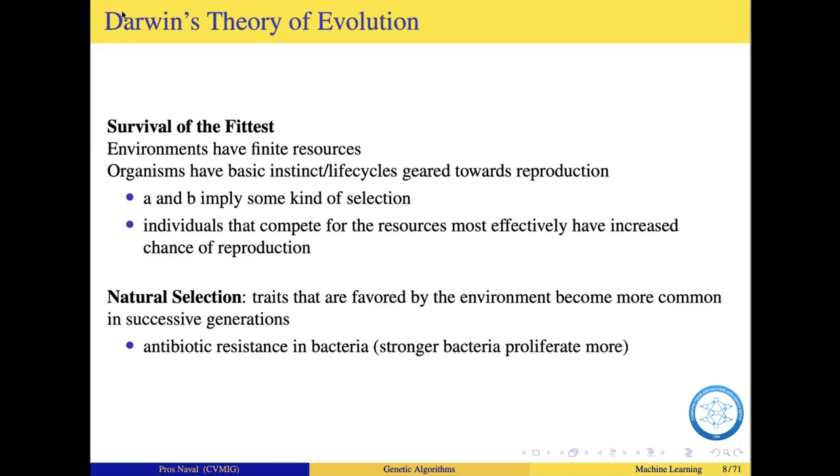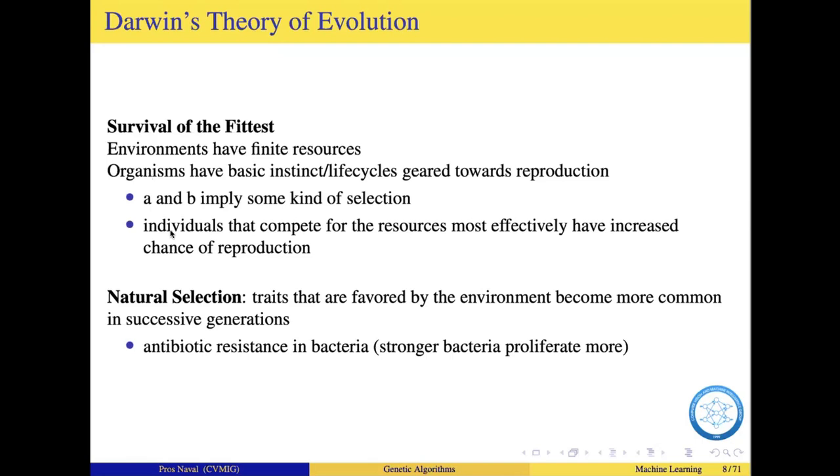So these first two imply some kind of selection. So since organisms compete for finite resources, the ones that are stronger are the ones that are able to reproduce better in some sense. So the ones that are not able to compete disappear, and they're not able to reproduce. Individuals that compete for resources most effectively, therefore, have increased chances of reproduction.